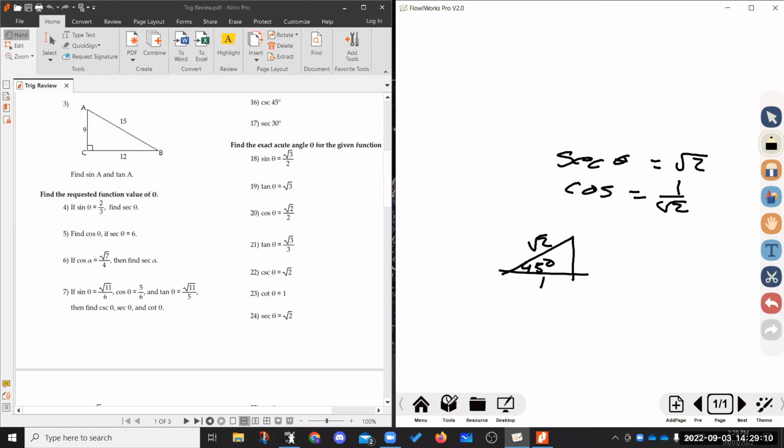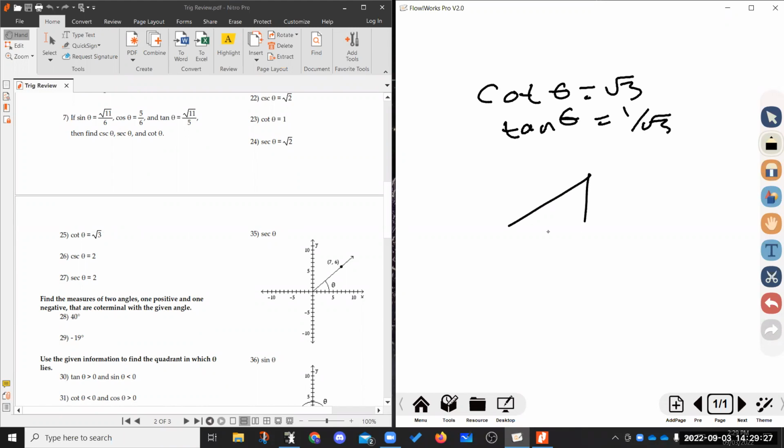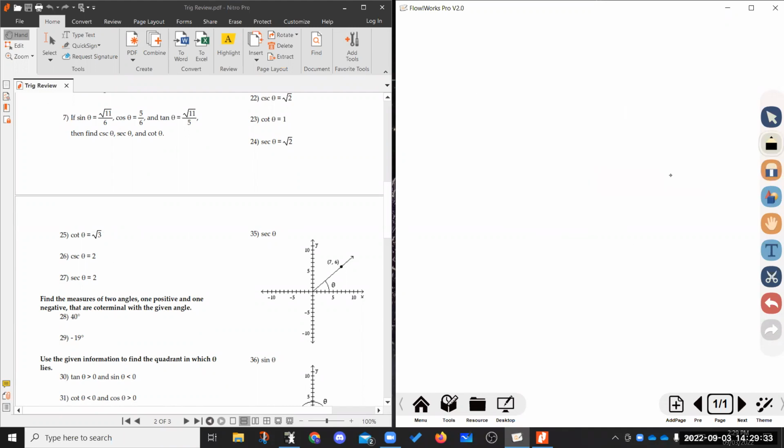I've done everything in degrees, but you also want to get used to giving answers in radians, which we'll get to in just a second. My cotangent of theta is √3. That means that my tangent of theta was 1/√3. So 1/√3, that's a 30-degree angle here. My cosecant of theta was 2.